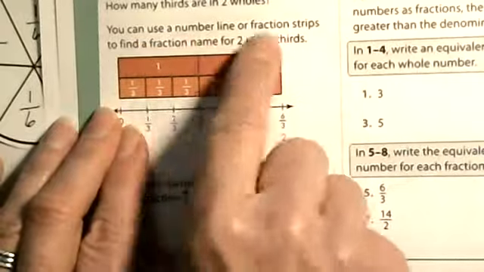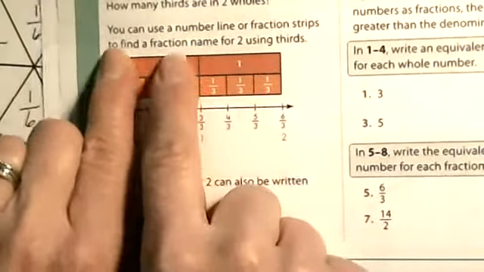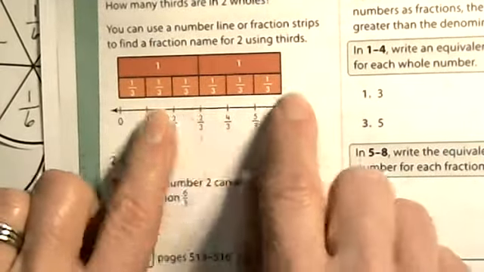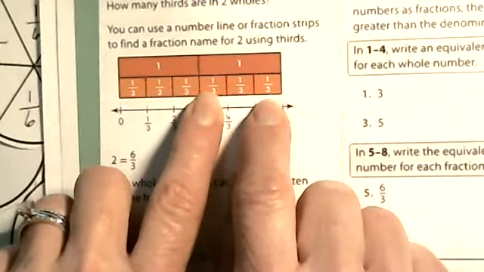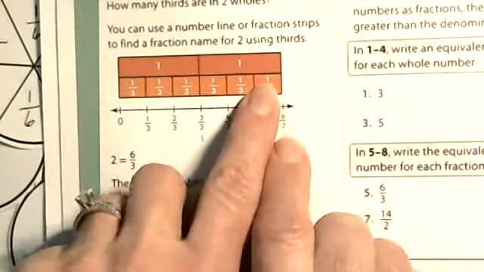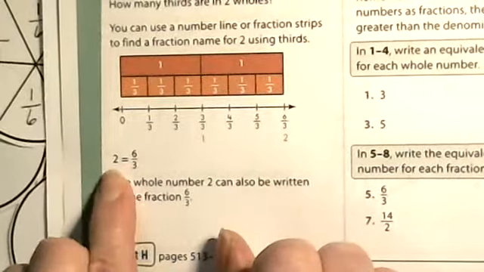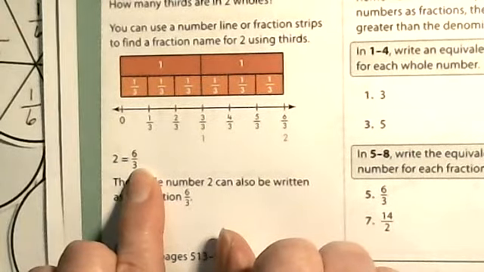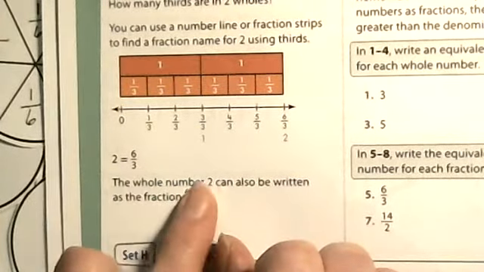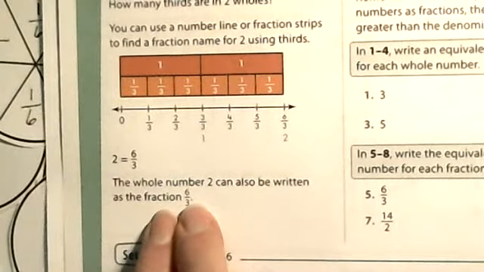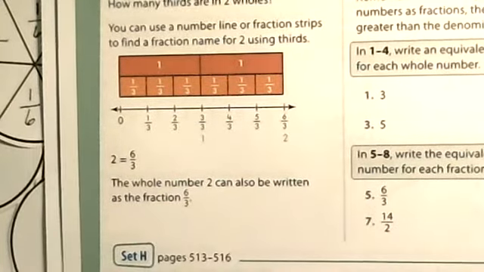So here's 1 whole, 1 whole. 3/3 is 1 whole. 3 more thirds is another whole. So 6/3 equals 2. The whole number 2 also can be written as a fraction 6/3.